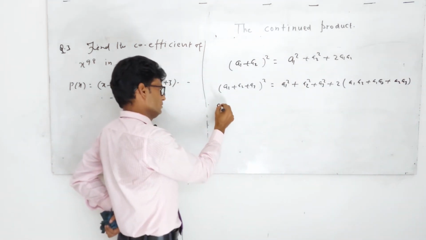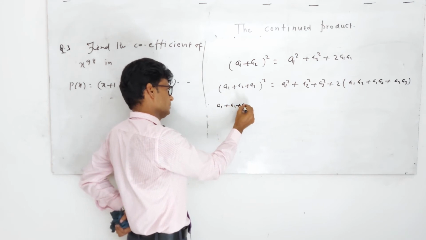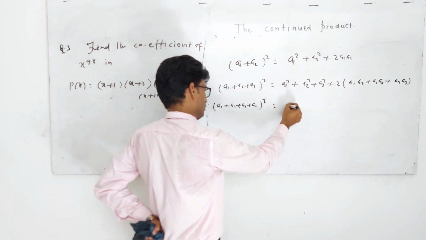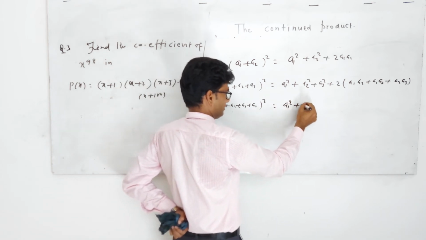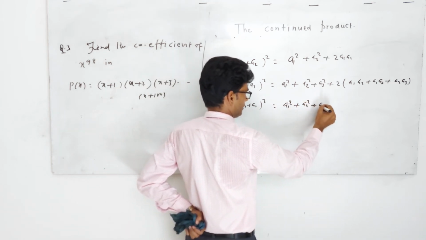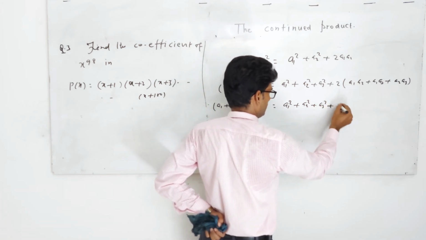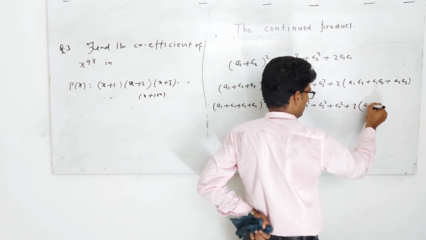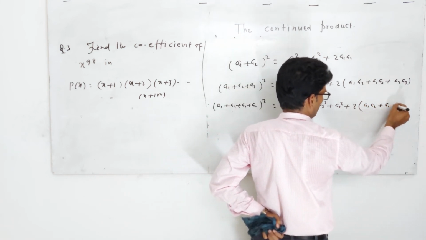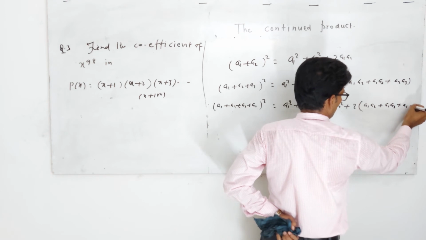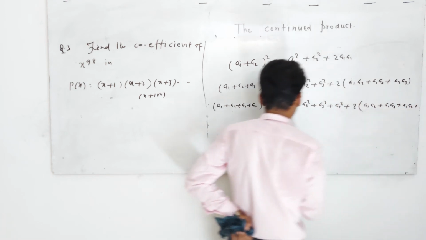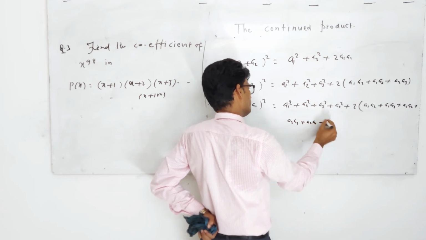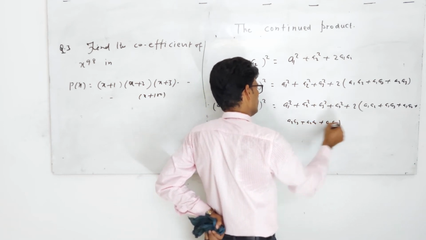Now again here a1 plus a2 plus a3 plus a4 whole square. This comes out to be a1 square, a2 square, a3 square, a4 square, plus twice a1 a2, a1 a3, a1 a4, plus a2 a3, a2 a4, plus a3 a4.